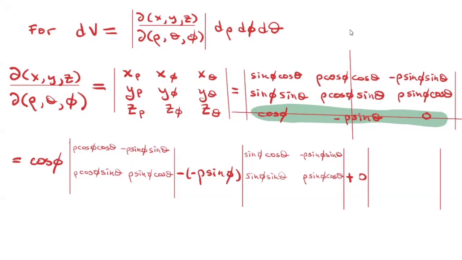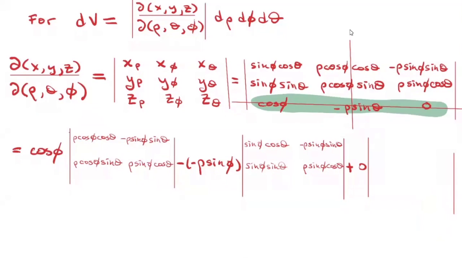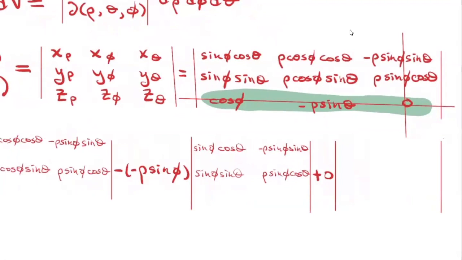Okay, wonderful. There's still one more column. I'm going to make space for that. Doesn't really matter what the last one is because it's going to be 0. So I could kind of ignore it if I wanted to, but I'm going to be good and just fill this in. So the last determinant is going to have a sine phi cos theta.